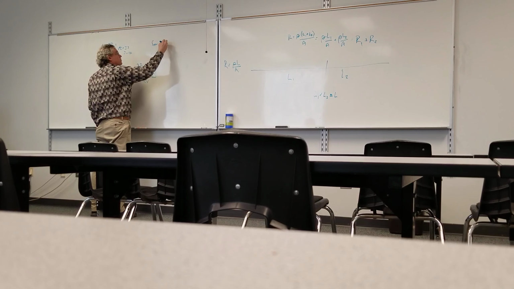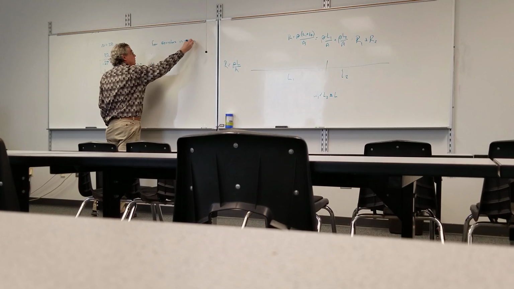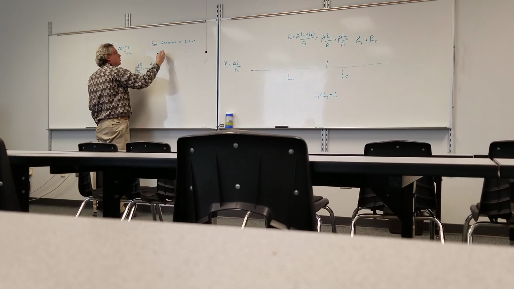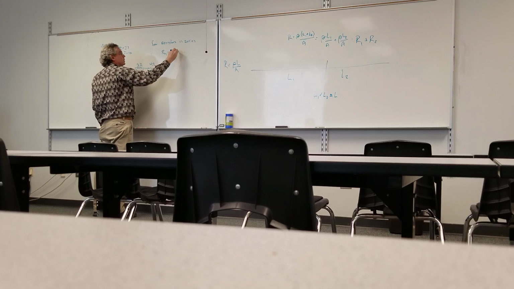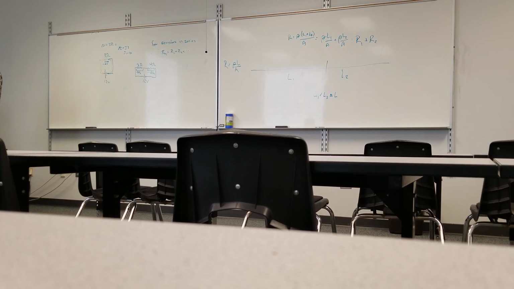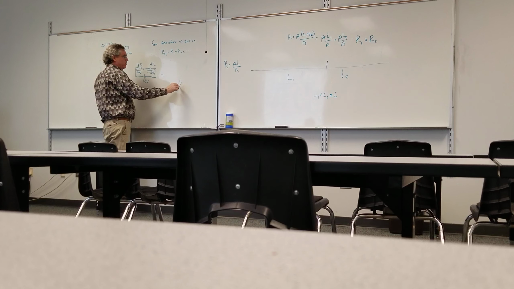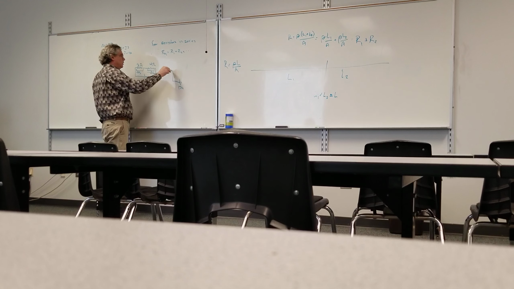So for resistors in series, the equivalent resistance is just R1 plus R2 plus whatever the resistors are. So this is the equivalent of having a 12-volt battery here and a 7-ohm resistor.